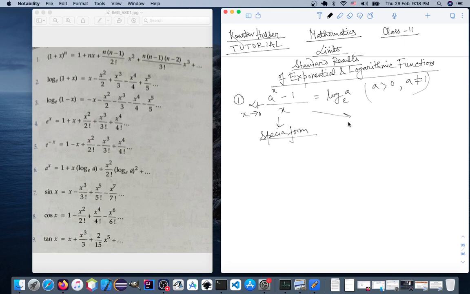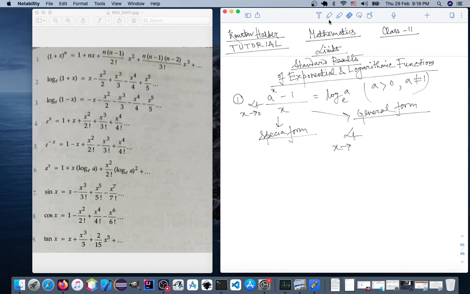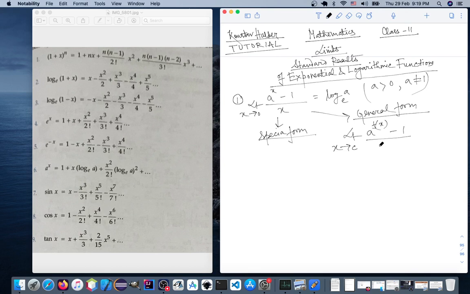A more general form of the standard result is: limit x tending to c, some constant, of a to the power f(x) minus 1 divided by f(x), is also log a to the base e, provided that limit x tending to c of f(x) is 0.